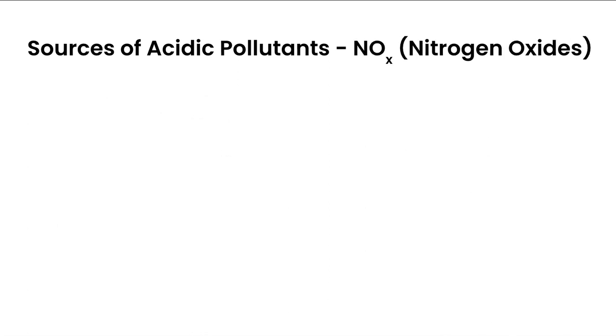The other source of acidic pollutants are the nitrogen oxides. I've got NOx here as the chemical formula because there are various different types of nitrogen oxides that exist. Again, we have causes from humans as well as natural causes of these pollutants in our environment.